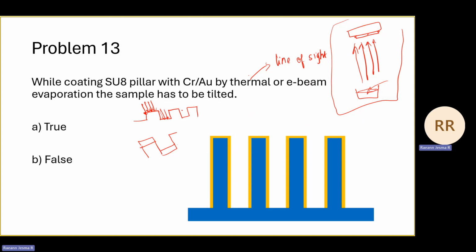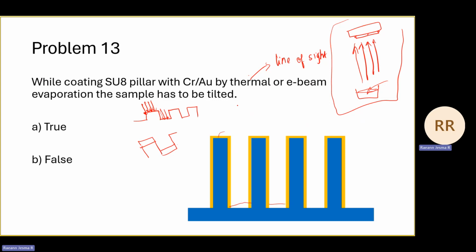But in our requirement, when we want to coat a SU8 pillar, we want it to coat the side walls as well, right? And the reason is that if we just coat this, then there will not be any connectivity between the electrode at the top and the bottom. There is a way by which we can resolve this, so that we can have some coating in the sidewalls as well.